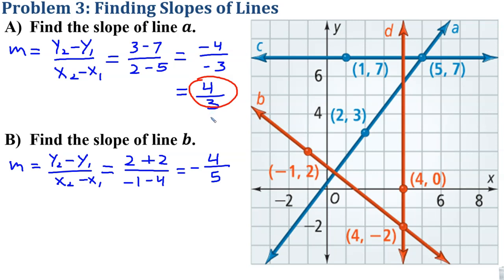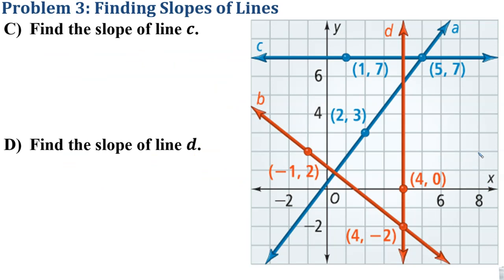That means our line is going up from left to right. It's increasing. A negative slope is going to mean our line is decreasing from left to right. So if I go down 1, 2, 3, 4, a negative rise essentially, and over 1, 2, 3, 4, 5, we'll get to that next point. So positive slopes go up from left to right, negative slopes go down.